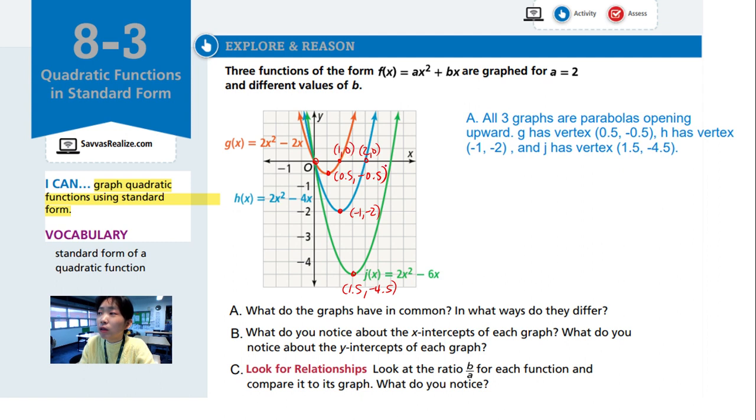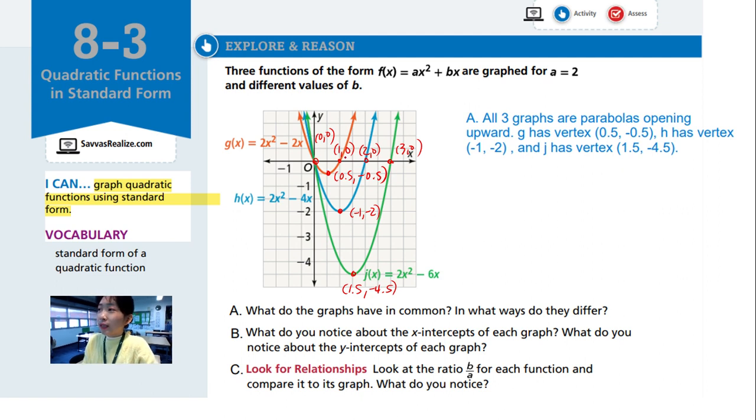And the other x-intercept for the green graph, J, is 3, 0. So you see a pattern, right? They all have 0, 0 as an x-intercept, but the other x-intercept will be 1, 0, 2, 0, and 3, 0. The x value increases by 1.